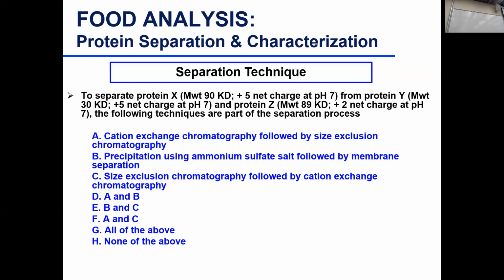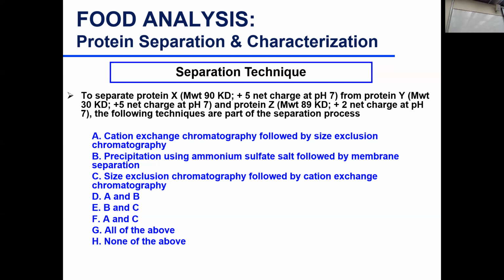So what you separate in this case is X and Z from Y. Y has a very different molecular weight. Then you have X and Z that have very close molecular weight, so you can separate them by cation exchange.